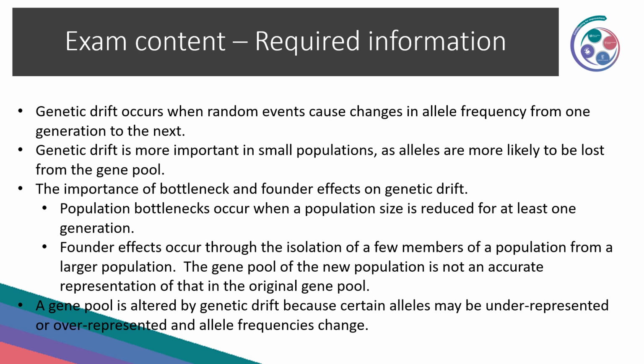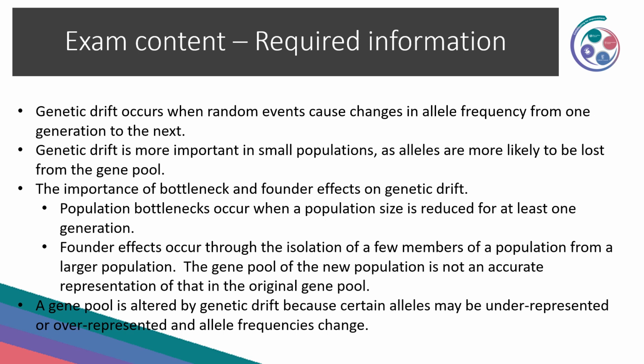So the gene pool of the new, smaller population is not an accurate representation of the original gene pool. So this new group, who might show mutations or different combinations of alleles, are not a representation of the original gene pool. A gene pool is altered by genetic drift because certain alleles may be underrepresented or overrepresented, and allele frequencies change.